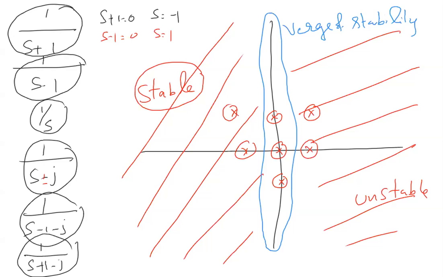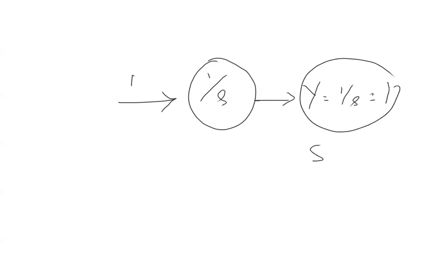Now, the important point is the origin. If you have a root at the origin, let's say 1 by s, we are calling it unstable. But if you take 1 by s and give input, let's say only 1, then what is the response? Y equal to 1 by s, which is 1. This is stable.